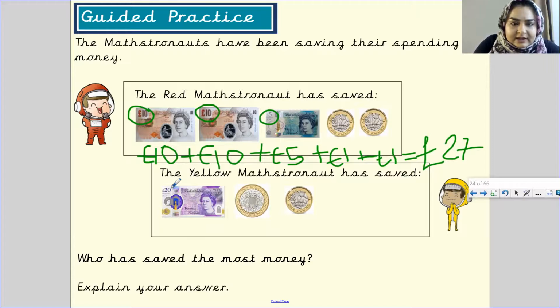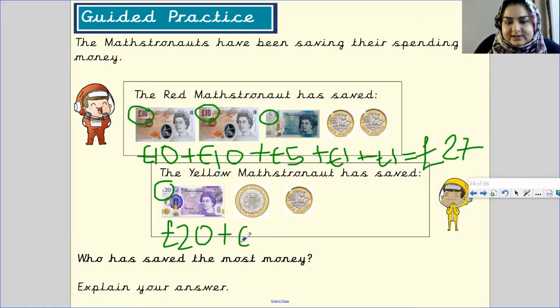Now, the yellow astronaut has saved 20. So he's got a £20 note here, and he's also got a £2 note, and I know that's a £2 note because the shape is bigger, but the colors are differently laid out too, and a £1 note.